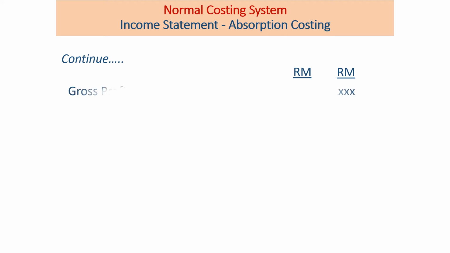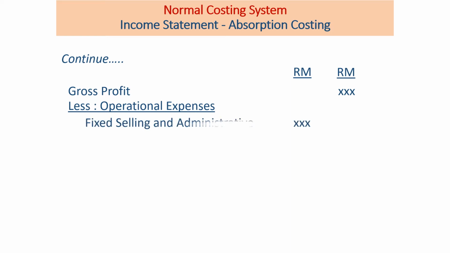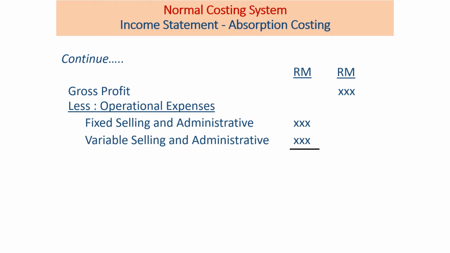Then from the gross profit, less the operational expenses, fixed and variable selling and administrative, and you will get the net profit.